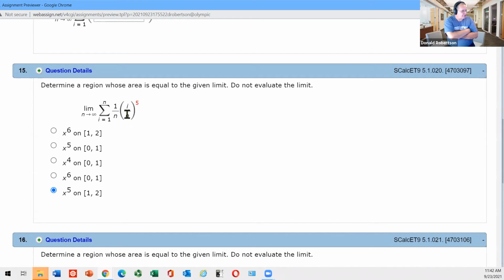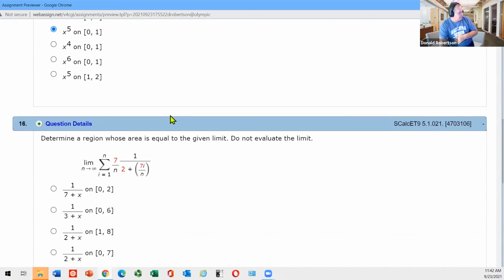And because it says i over n, isn't that really 0 plus i over n? So can't I infer from that that a had to be 0? And because it had to be 0, doesn't it make it that one? Are we cool with that? That's pretty much how you would do that one.